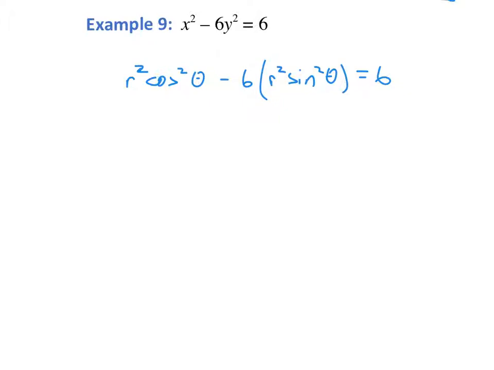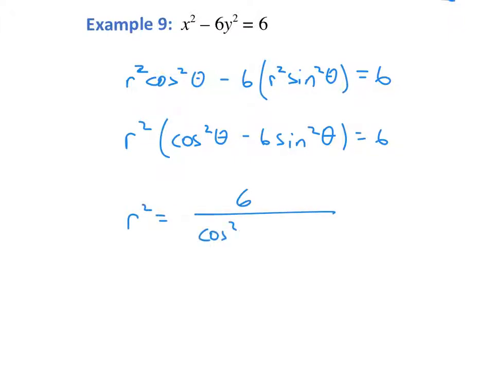This time you have a minus sign, before you had a times sign. You did have a plus sign earlier. So what do you want to do? Factor out r squared. Jackie, what do you think? You agree? All right, so we're going to factor out an r squared, leaving a cosine squared theta minus 6 sine squared theta equal to 6. And then how are we going to get the r squared by itself? Just divide, and we're done. R squared is equal to 6 divided by cosine squared theta minus 6 sine squared theta. Okay?